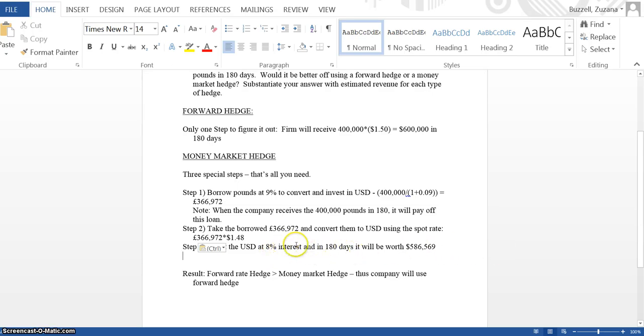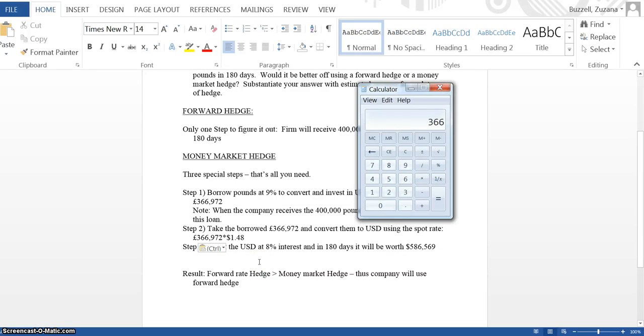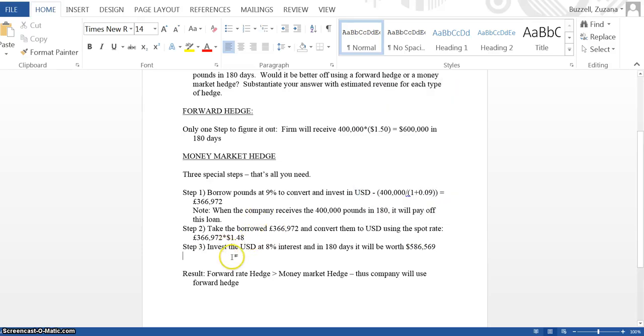So at the end of 180 days, when they put the pounds into dollars, which, hold on, I'm going to calculate that for you. 366,972 times 1.48 is 543,118 dollars.